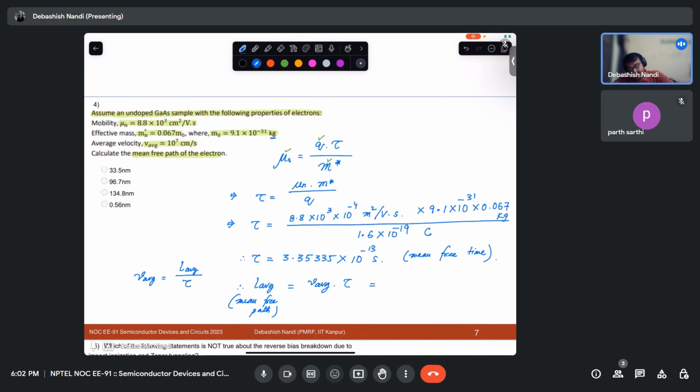What is V average? 10 raised to 7 centimeters per second, that means 10 raised to 5 meters per second, times 3.35 into 10 raised to minus 13 seconds. That will be 3.35 into 10 raised to minus 8 meters. That is 33.5 nanometers.